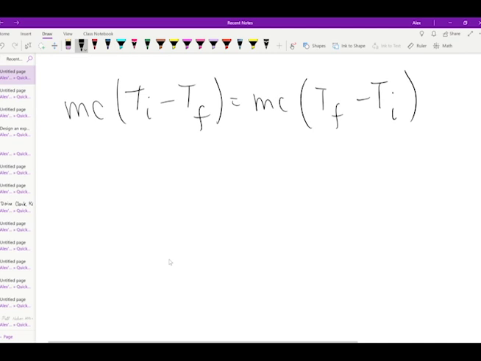Okay, so here we go. We're back in action. So we had the 5 kilograms, and the C was 0.386, right? Joules per gram Kelvin.